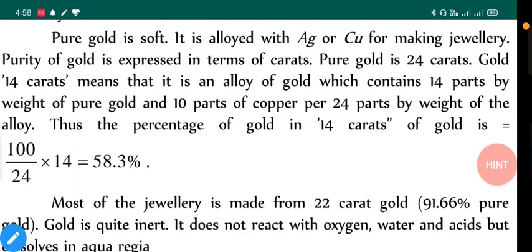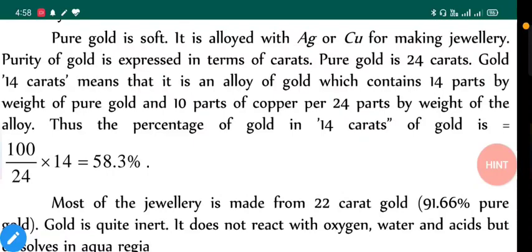So the percentage calculation for 14 karat gold: we have total 100%, and 100% is equal to 24. So 14 is equal to how many? So 100 divided by 24 multiplied by 14, which is 58.3% purity. So 58.3% gold and the remaining will be silver or other metal.